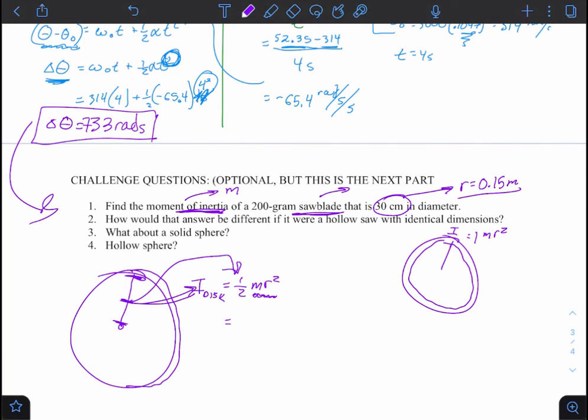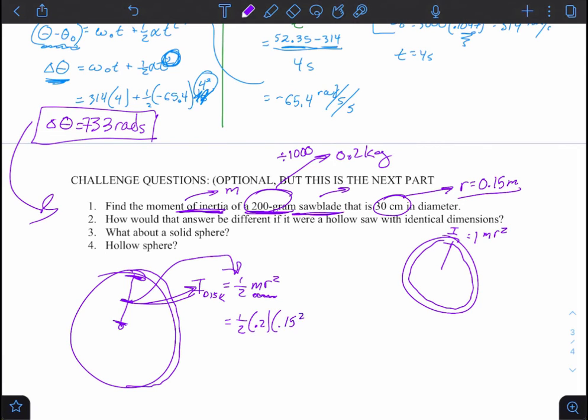And we know the mass is in grams. And remember, 1 kilo is 1,000 grams, so 200 grams is 200/1000 of a kilogram, or 0.2 kg, basically divided by 1,000. So for part A, 1/2 times the mass of 0.2 times the radius of 0.15.